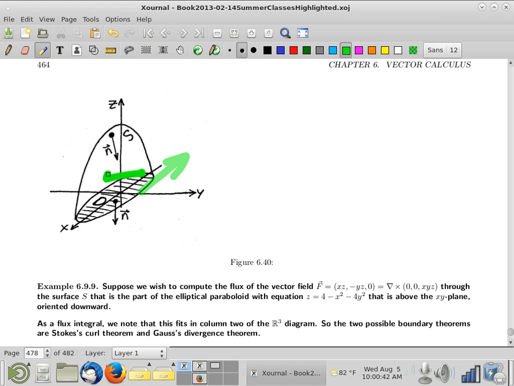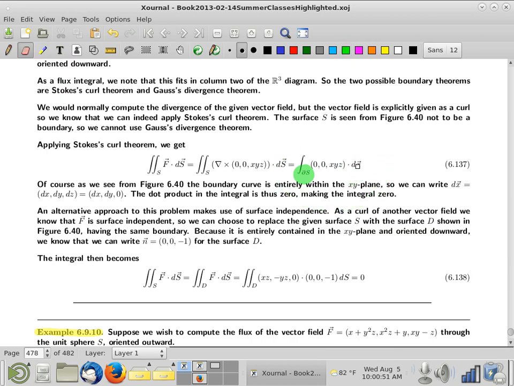There's lots of different horizontal directions that it might point, but it's always horizontal. So we are doing a dot product of a vertical vector with a horizontal vector. That dot product is 0, and that makes the integral 0. Now, on the other hand, if you want to plug and chug, you can. You're going to notice pretty quickly that it ends up being 0. Everybody good?